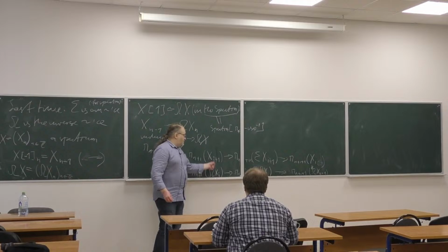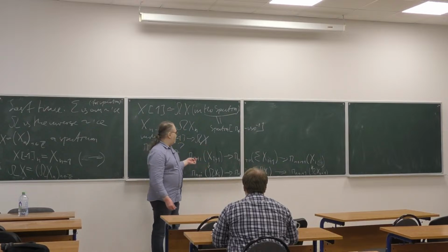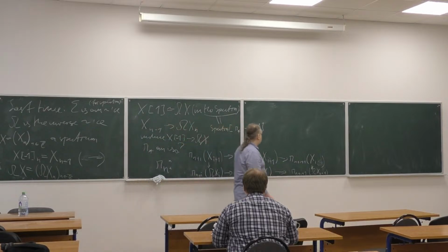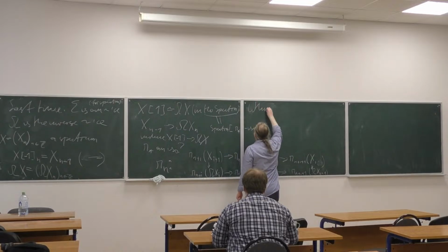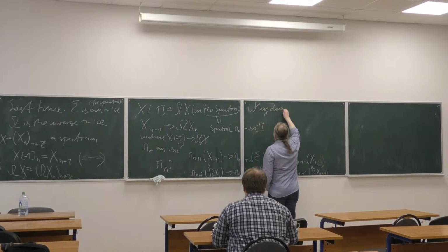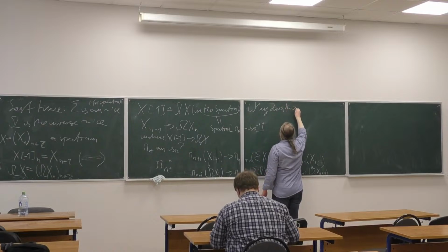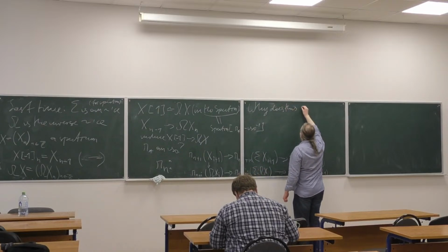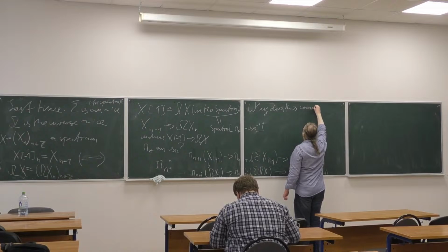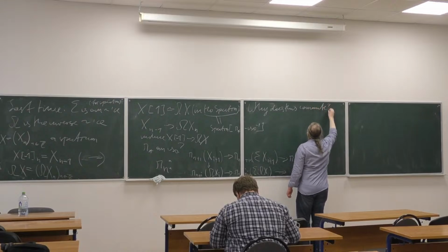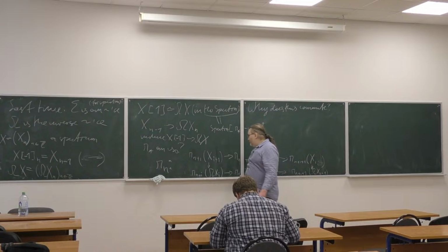We don't assume that these are isomorphisms, just maps, and we need to show that this diagram commutes. Bless you. Very well.